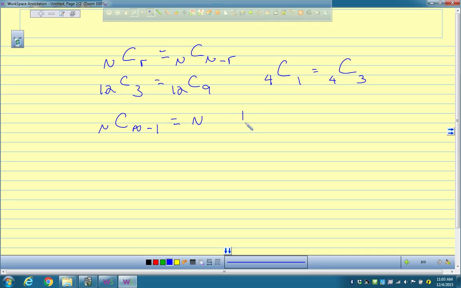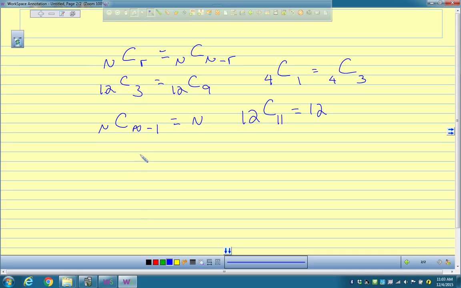For instance, 12 combination 11 is just equal to 12. So if this is 1 less than this, it's just equal to that number.